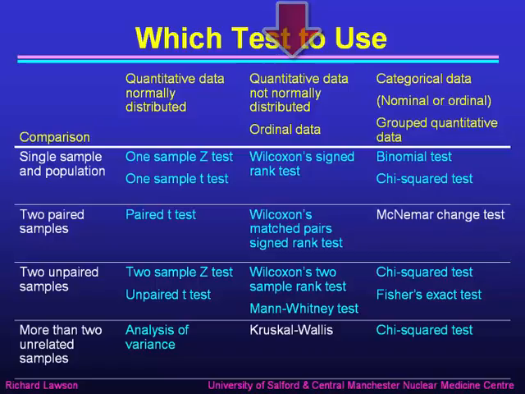And in the third column, if we've got categorical data that is nominal or ordinal, or we've got quantitative data that we can group into different categories, and that also needs a non-parametric test.